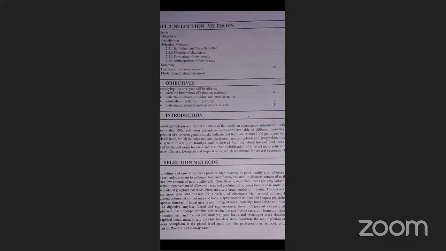The next individual method is cocoon shape. Cocoon shape is very important. Good health and good conditions make cocoons of good quality, producing good quality fiber threads. So this is one of the individual methods, cocoon shape.